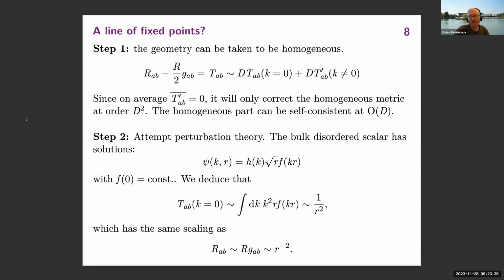Mm-hmm. So, okay, this is a good question, and I'll try to answer it in the next couple of minutes. Basically, if you do a brute force perturbation theory, it's going to completely fail. And so whatever we do, we'll see that we really have to resum things in a careful way.